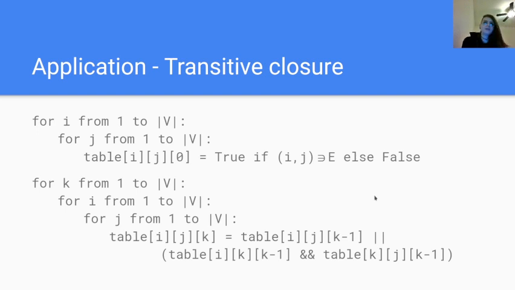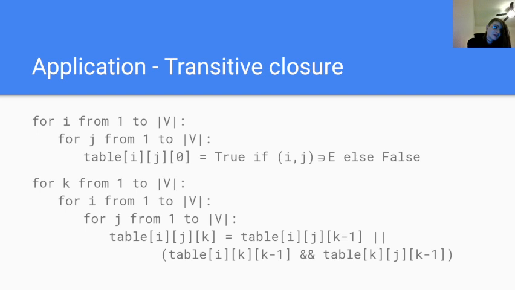This should make sense. This is just a simpler version of Floyd's algorithm. And we can easily pull out now that table ij at the max k is going to be either true or false at the end, based on whether or not there is a path from i to j. And that will basically answer our transitive closure question.